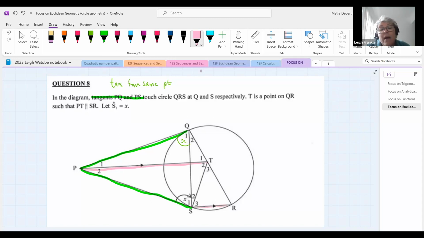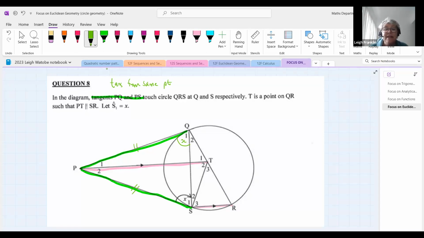They are parallel to each other, not equal. These lines are equal. The pink lines are just parallel. So the minute we see parallel lines, we start thinking corresponding, co-interior, alternate angles.